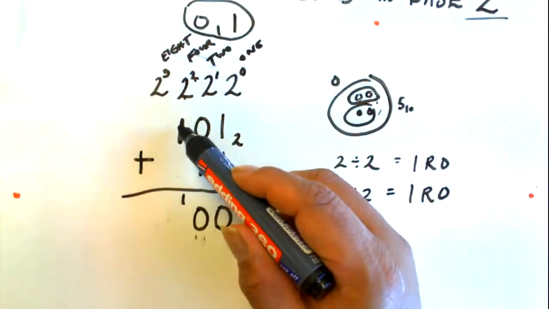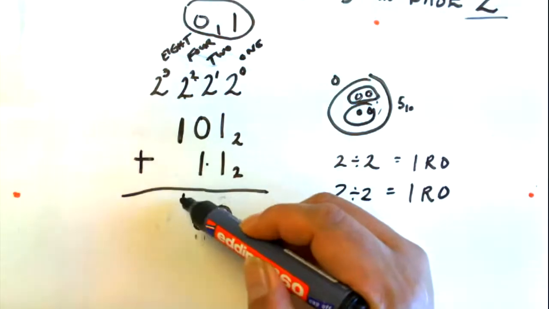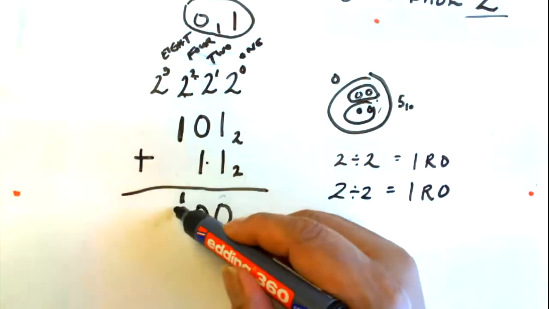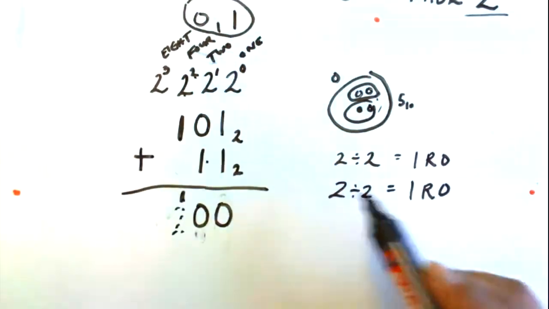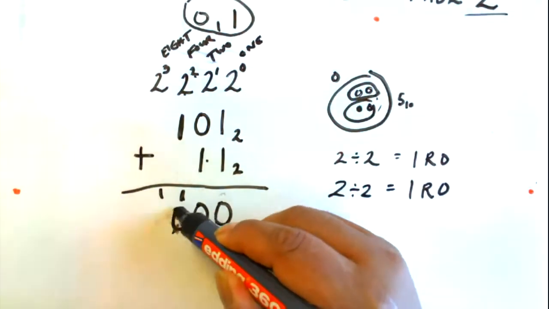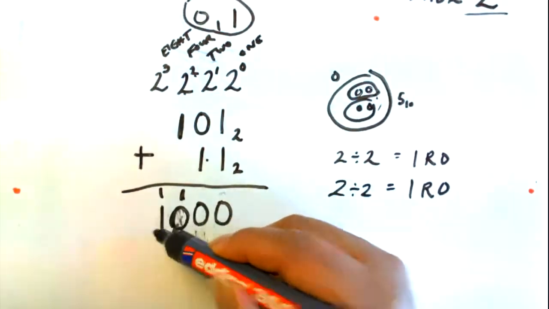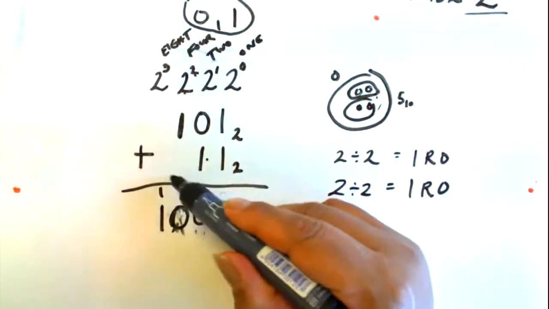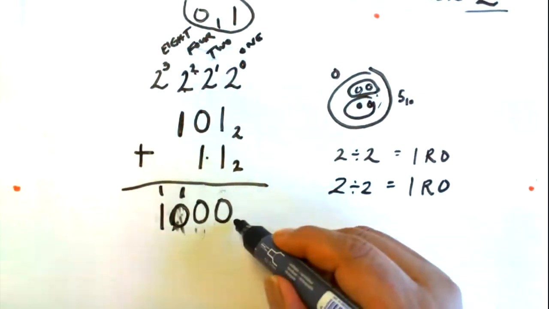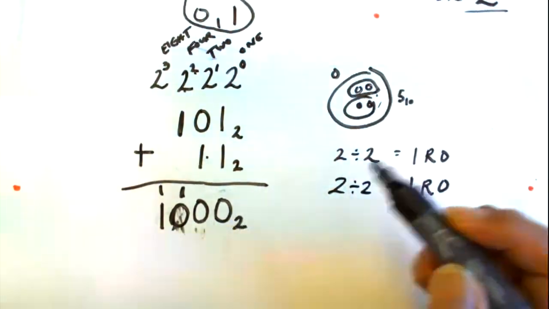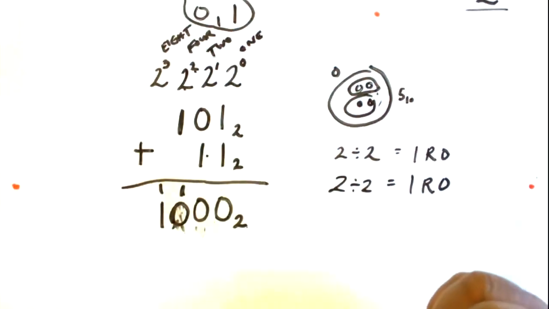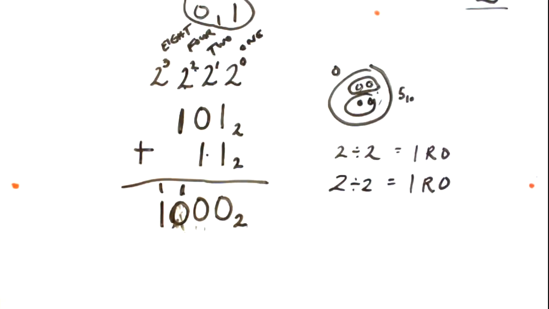It'll be 1 plus, there's nothing here, but there's the carry. 1 plus 1 is 2. We cannot write it, so the answer is 1, remainder 0. There's no more, so we'll just bring this down. And so the answer to this whole addition question is 1 0 0 0 in base 2. Very interesting way.